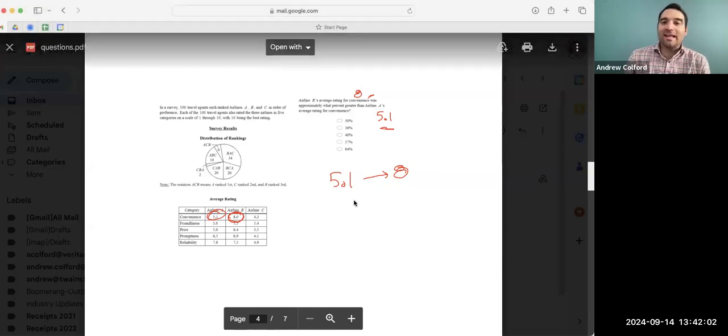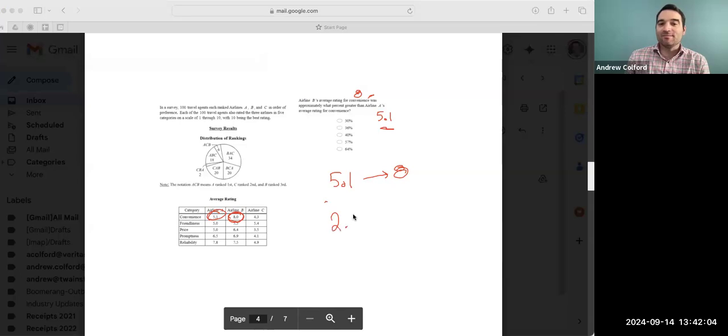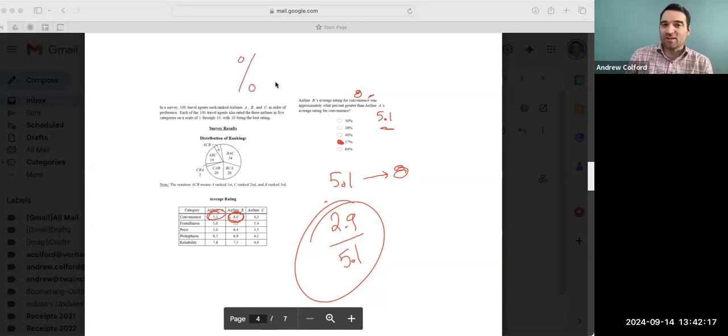So that's a 2.9 increase divided by the original, which was 5.1. And when we do that division, I think we get 0.5666 maybe. And so this one is just a percent change.